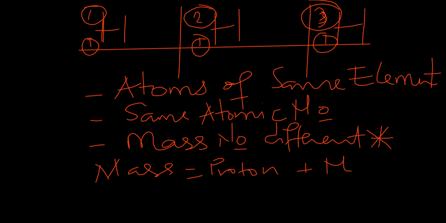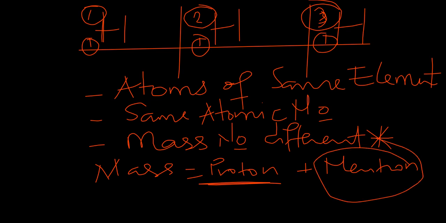Now we know that for every atom, the proton number doesn't change for atoms of the same element. So for us to have different mass numbers, it means the difference came from the neutron number. So the difference in the mass numbers came from the difference in the neutron numbers.